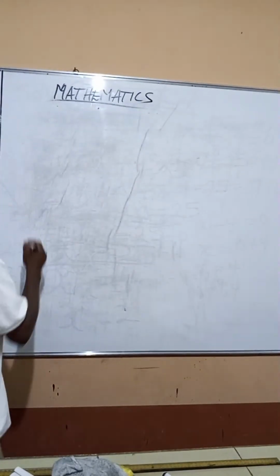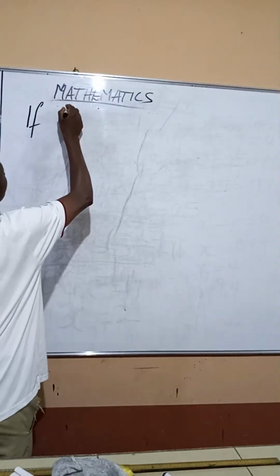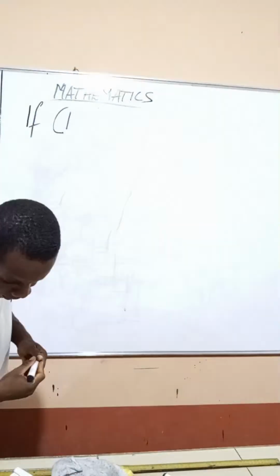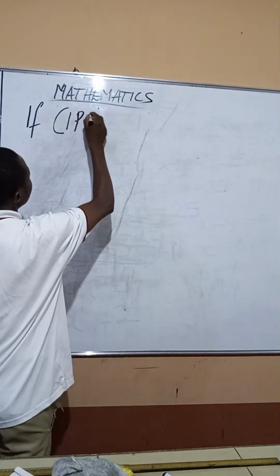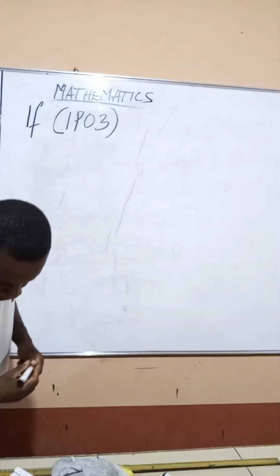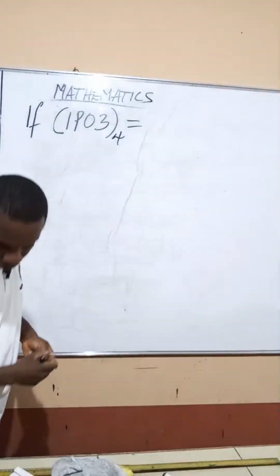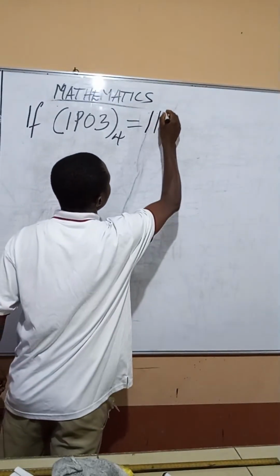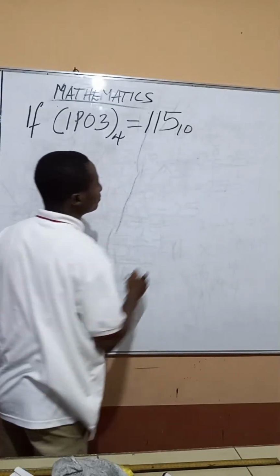So we are given that 1P03 in base 4 is equal to 115 in base 10.